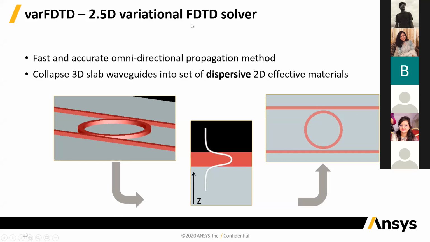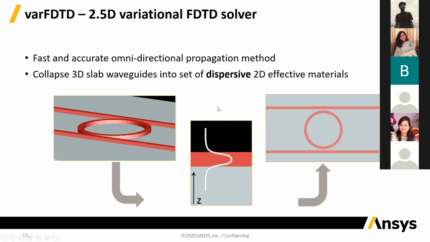That's what variational FDTD does. It adjusts the index of your silicon layer, or for example the whole vertical stack, into an effective index, and then allows you to run a 2D simulation like this for this 3D geometry.